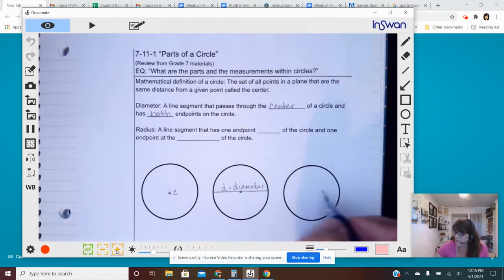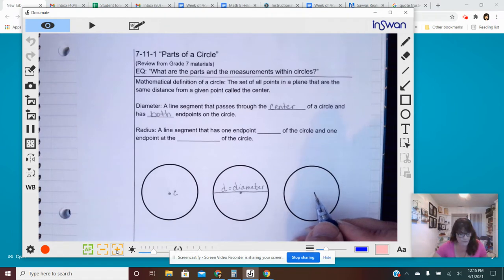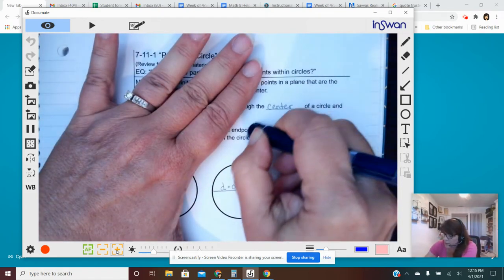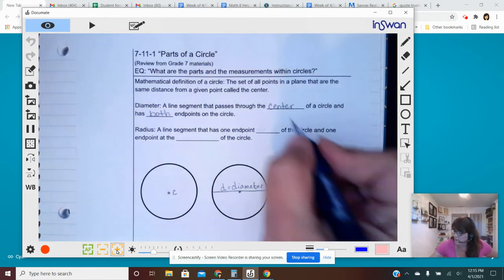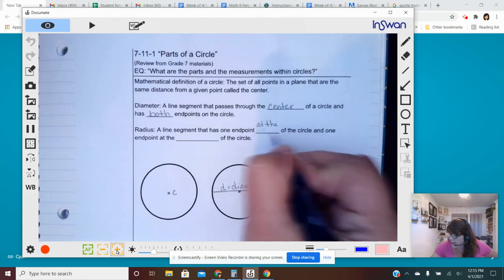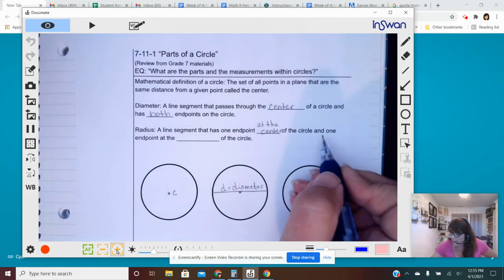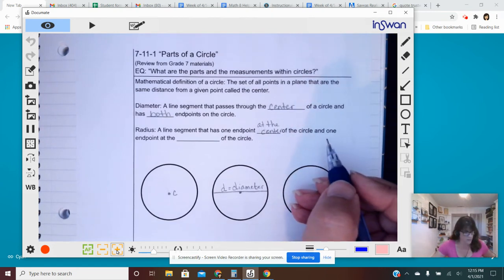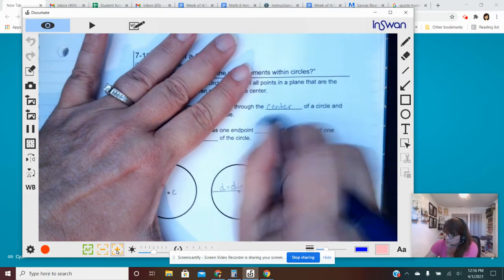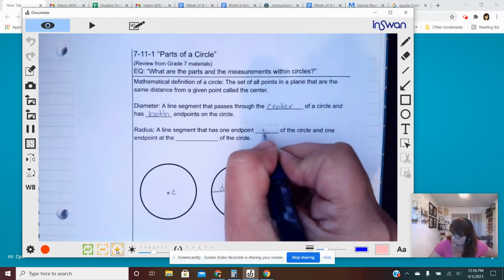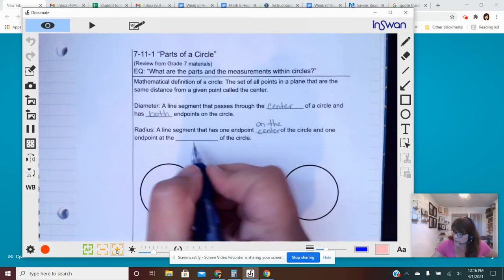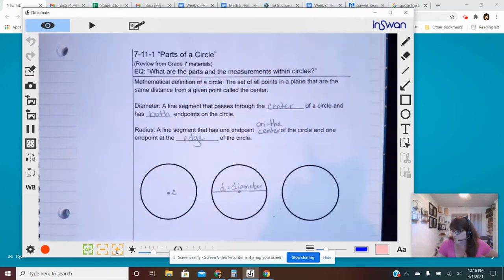A radius is a line segment that has one endpoint at the center of the circle and one endpoint at the edge of the circle.